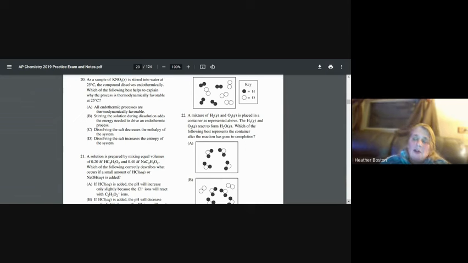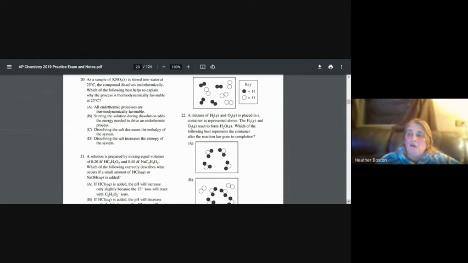The key here is that in order for a process to be spontaneous, meaning it happens on its own and it is favorable, delta G is negative for a favorable process. So you're looking for something that's going to allow you to determine that delta G is negative. It is endothermic, meaning that delta H is positive. So the other term has to be larger. The correct answer is D.